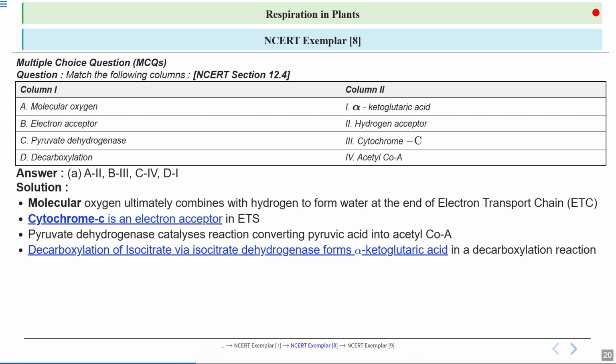Decarboxylation of isocitrate, catalyzed by the enzyme isocitrate dehydrogenase, forms alpha ketoglutaric acid. This step removes a carbon atom as carbon dioxide, helping the Krebs cycle progress. And therefore the answer is option A.